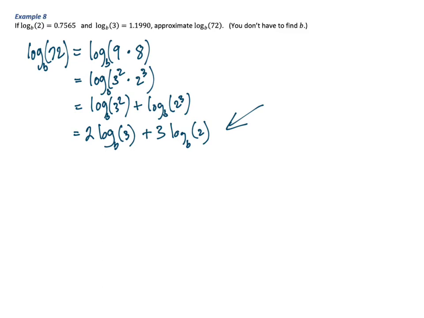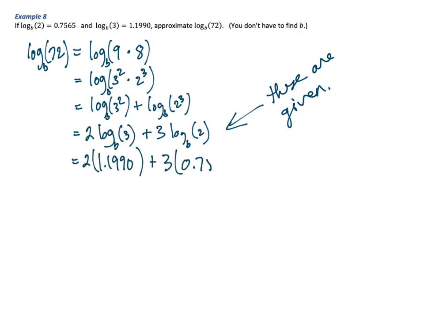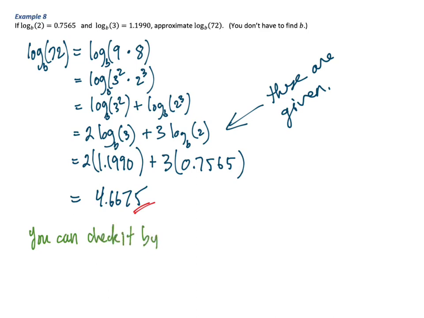We were given what log base b of 2 is and what log base b of 3 is in the original problem. So we can do those substitutions. So we've got 2 times 1.1990, that was the log base b of 3, plus 3 times 0.7565, and we get an answer of 4.6675.